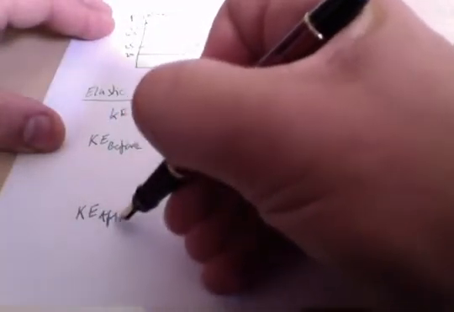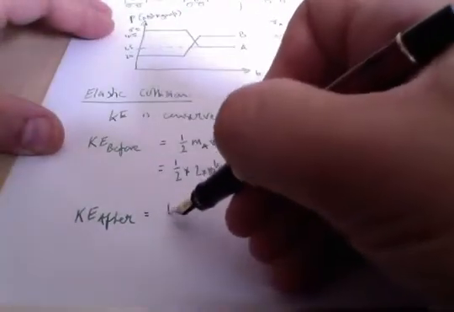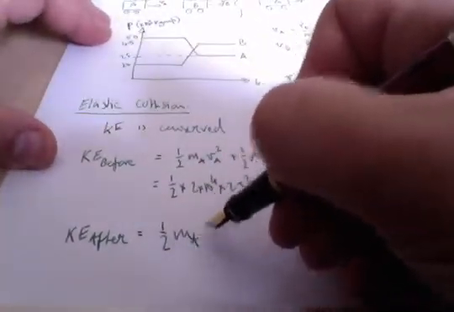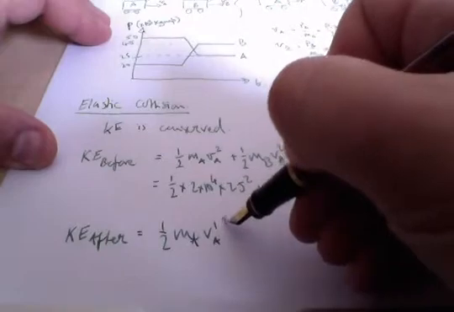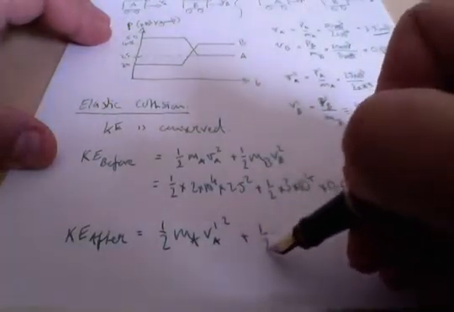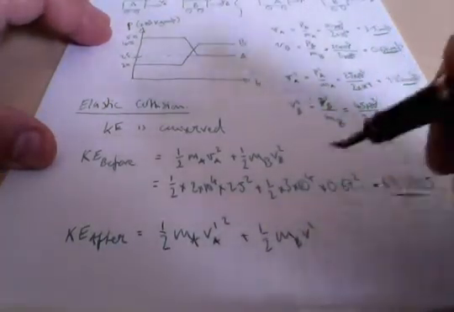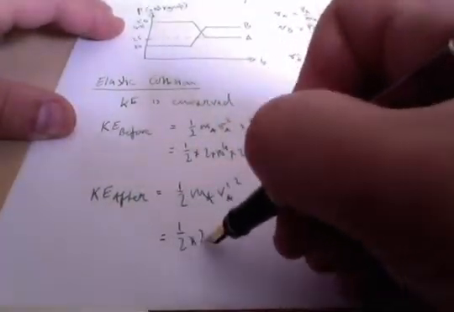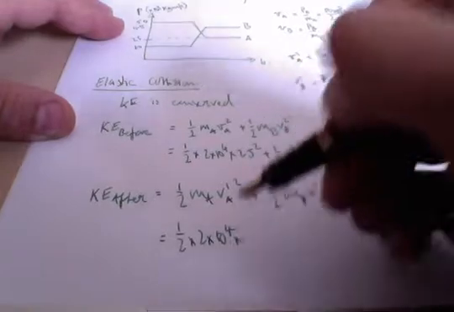Okay, what about afterwards? We do exactly the same. We want a half times the mass of A times the velocity afterwards of A squared, plus a half times the mass of B by velocity of B afterwards squared. So half times all of this is very much the same. We're just substituting in answers.